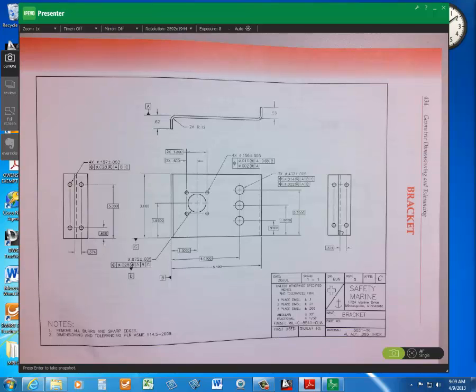The upper part of the feature control frame specifies a pattern locating control of 10 thousandths at MMC. And the pattern of features must lie as a group relative to datum A and D at maximum material boundary.